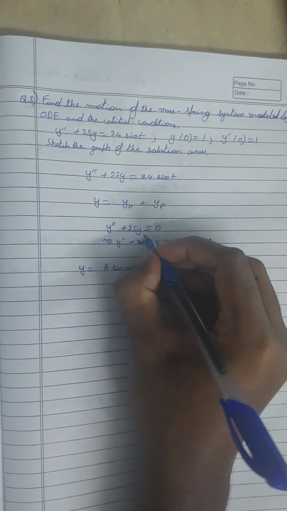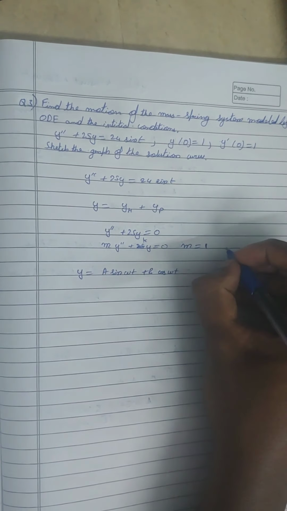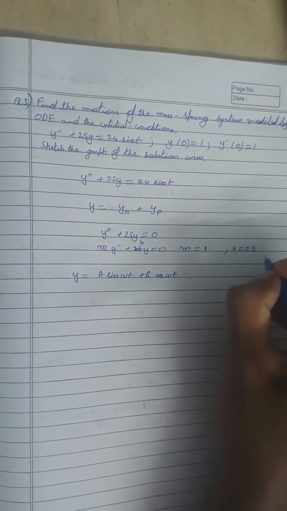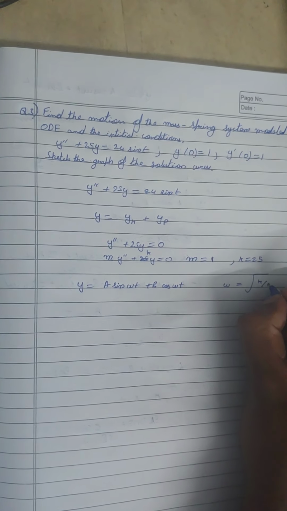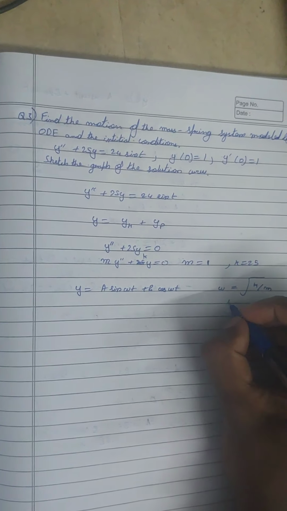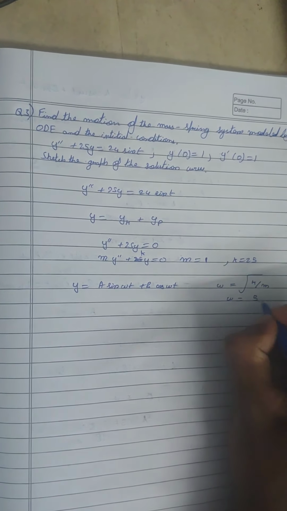Okay, sorry, this is k, and k here is 25, where omega is under root k by m. So omega here is 5.